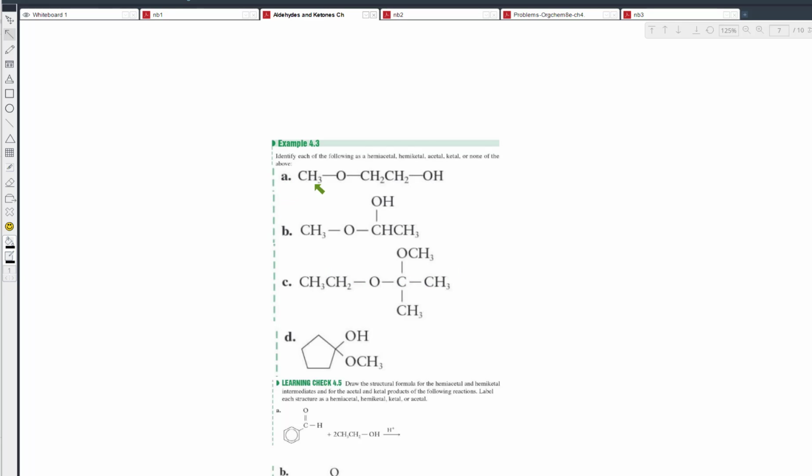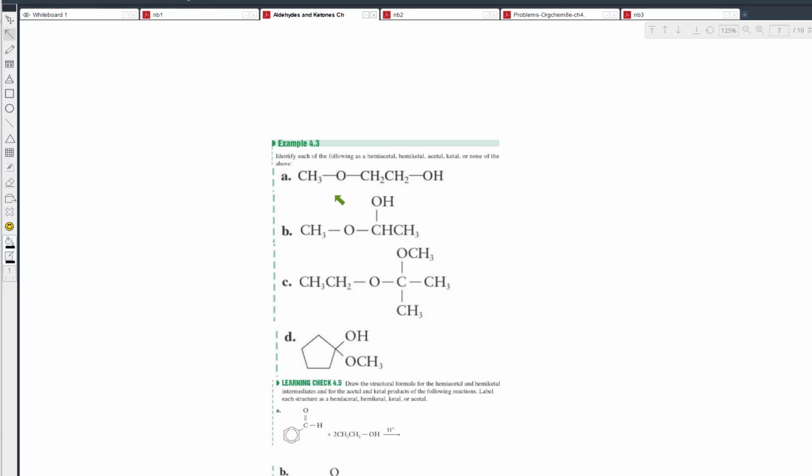Identify each of the following as a hemiacetal, hemiketal, acetal, or ketal. Okay, just by looking at this, OHC, and then OR. So it would be hemiacetal, no?